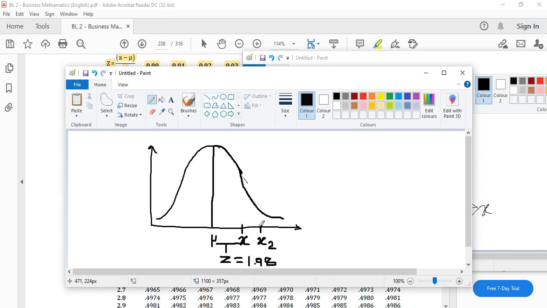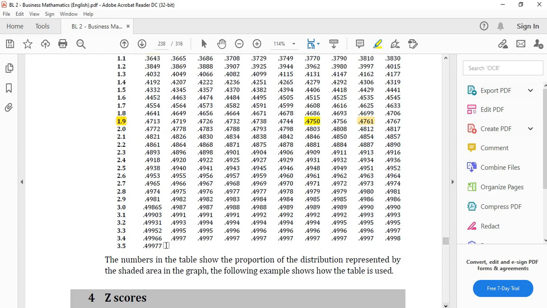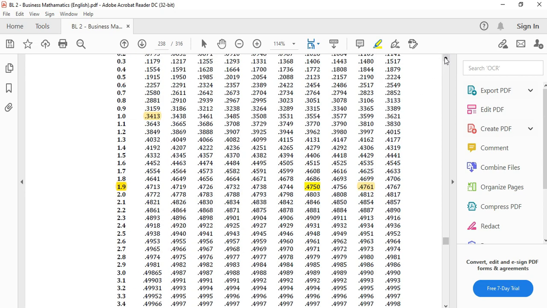So the gap is more than the gap between x and the mean. Okay. So we understand that logic. So that's why z can be any number. That's why they have given a table of values for z. It can be up to a maximum of 3.5 or more than that, and we can also use the formula.